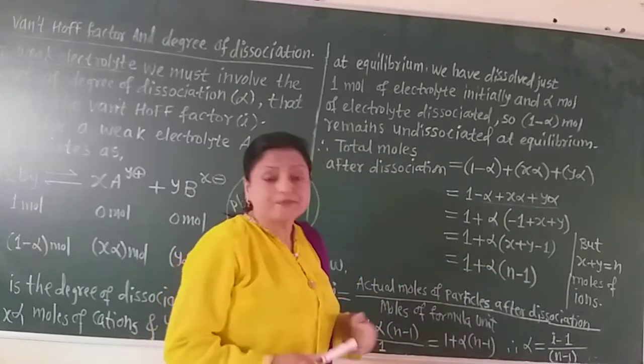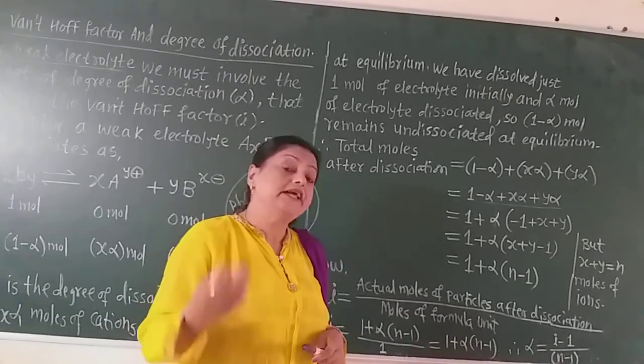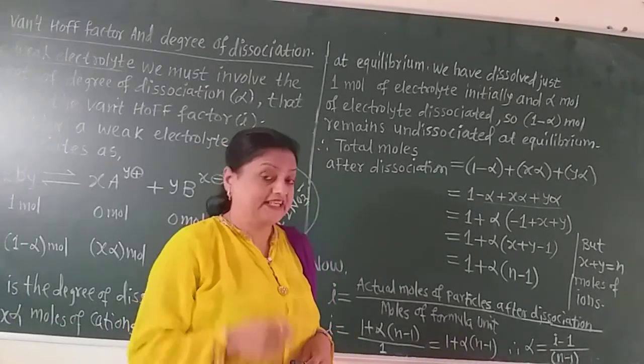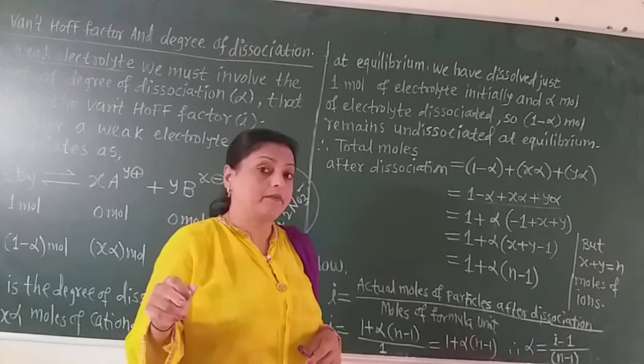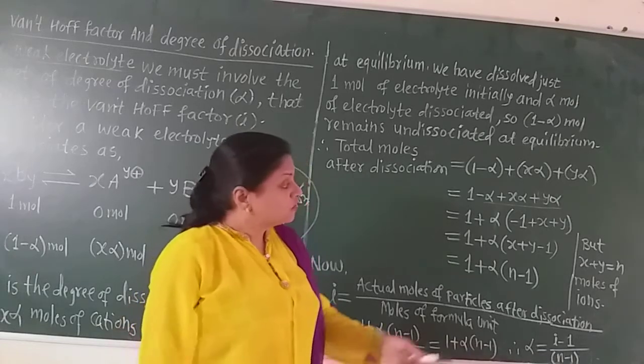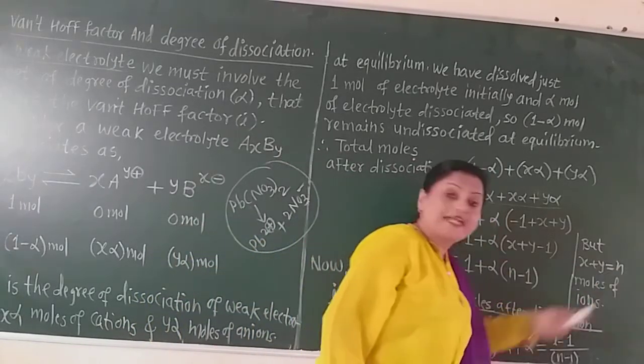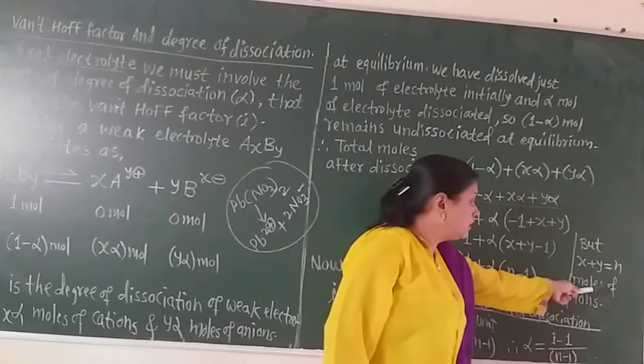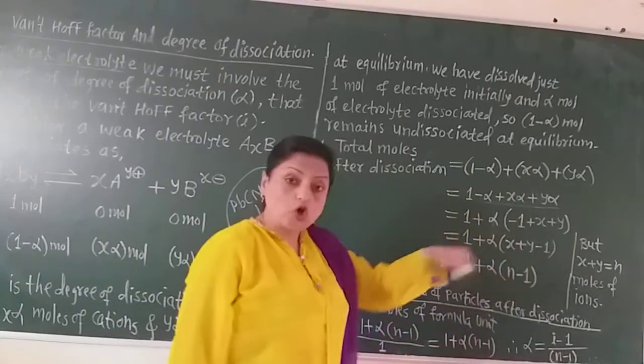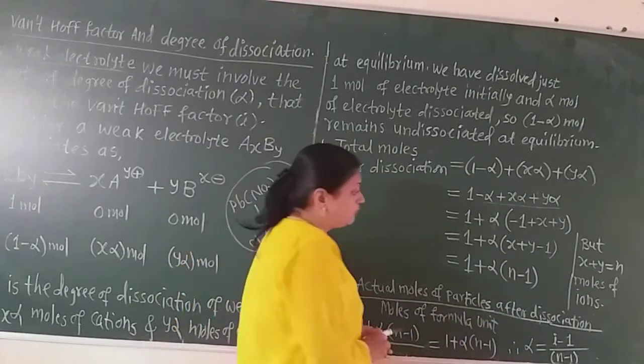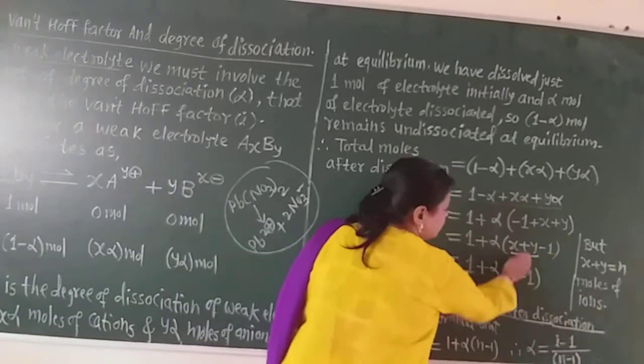Here X plus Y is the number of moles of ions. Suppose X plus Y is equal to n, the total moles of ions.